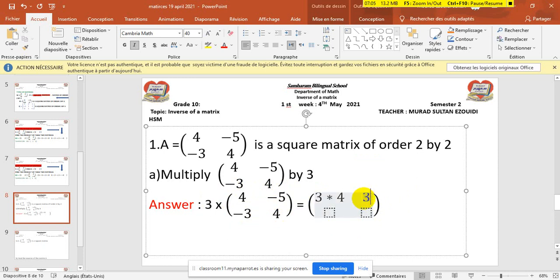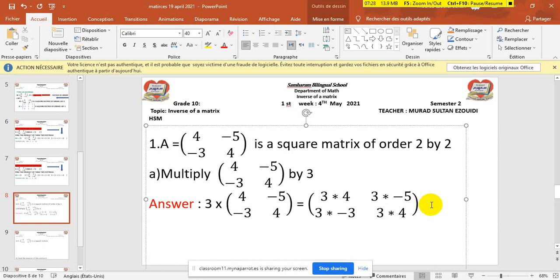Then 3 multiplied by -3. And the last one, 3 multiplied by 4. Then you put an equal sign.